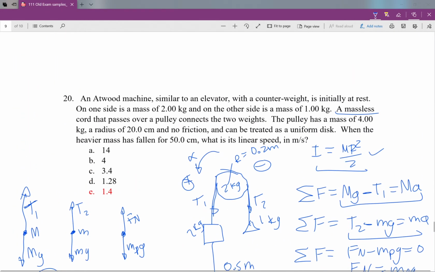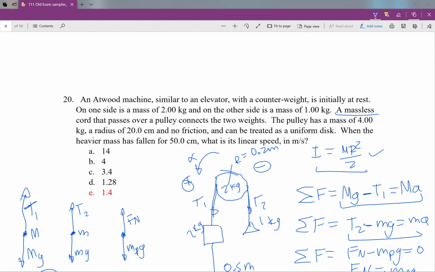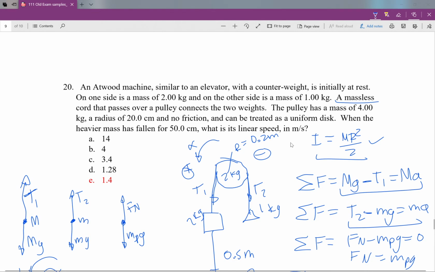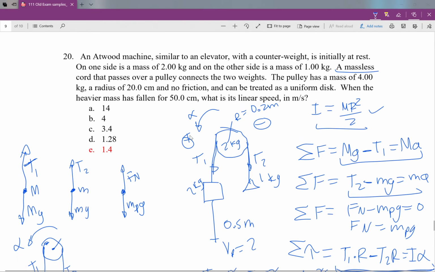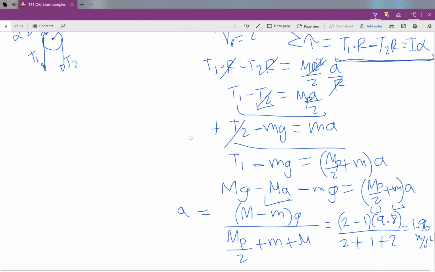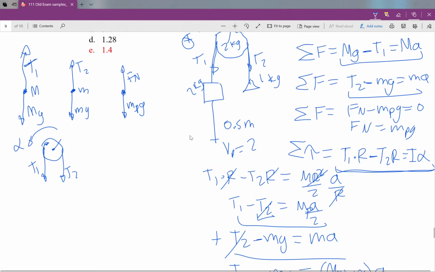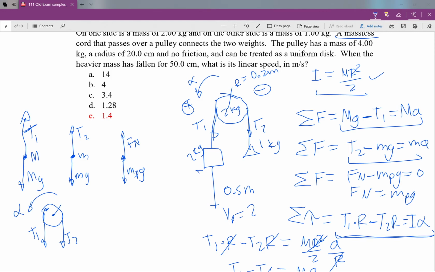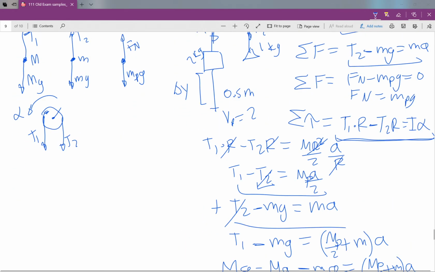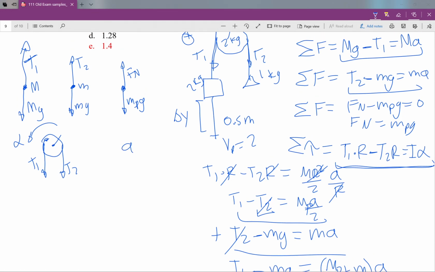Now that we find the acceleration and we know it's constant, we can use one of the kinematics equations to find the linear speed once it's fallen 0.5 meters. So we have a displacement, delta y. We also have the acceleration that we just found, which is 1.96 meters per second squared.